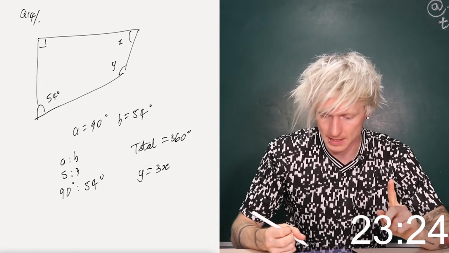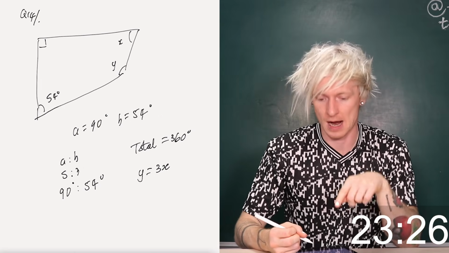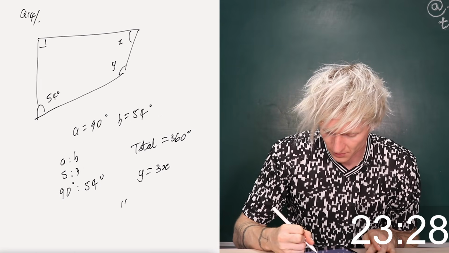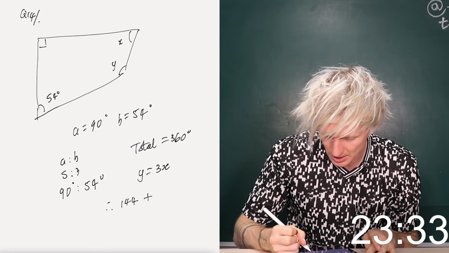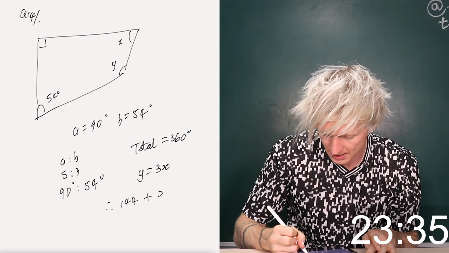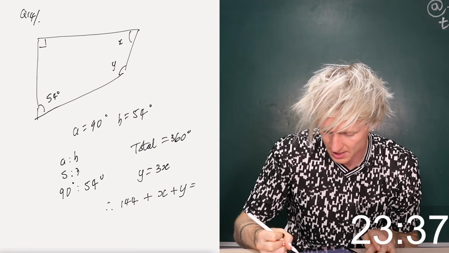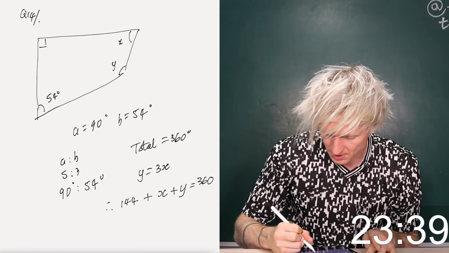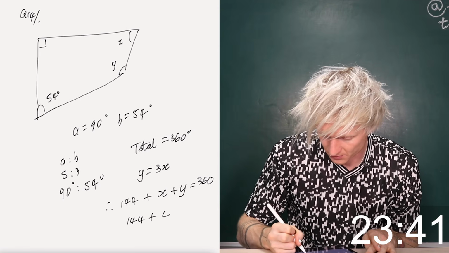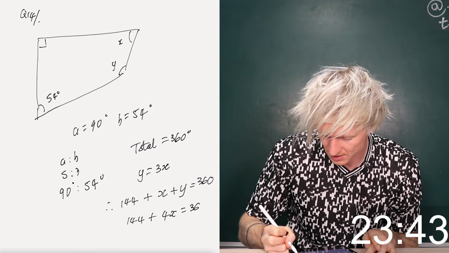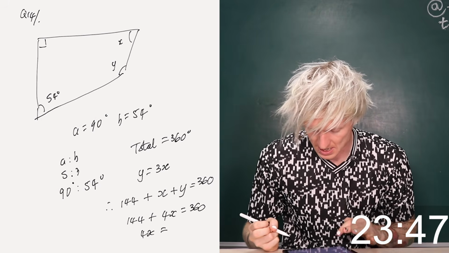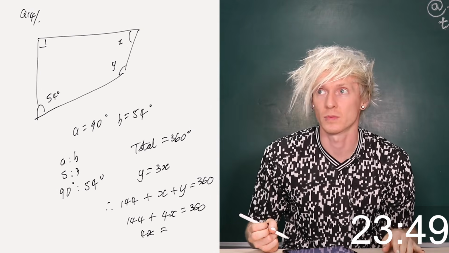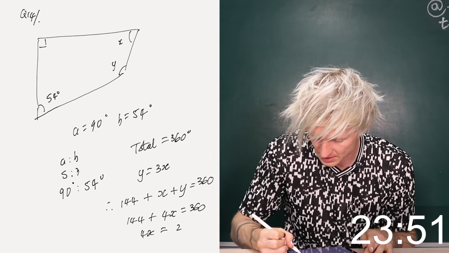So the two I figured out, A plus B, is 144. Therefore, 144 plus X plus Y has to equal 360. But that means 144 plus 4X equals 360, which means 4X has to be 360 minus 144, which is 216.